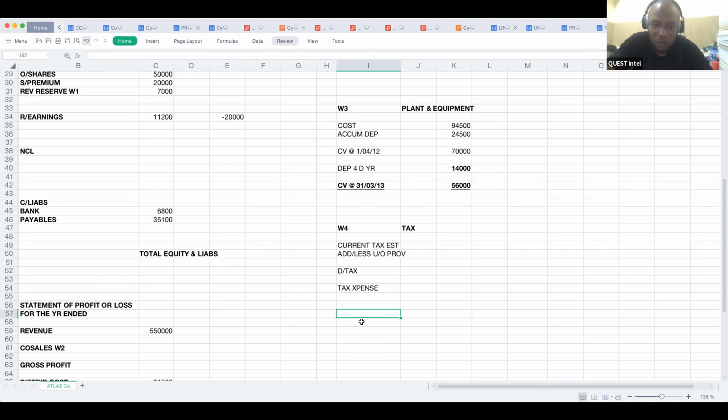Then under that, we'll do our deferred tax. Your deferred tax is two things: your opening and your closing.